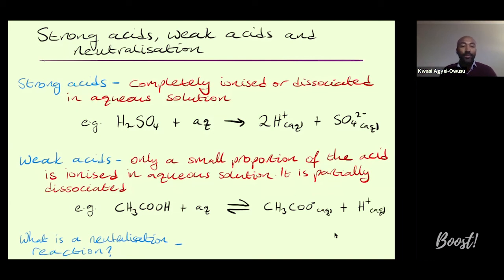Okay, so the difference between the strong acid and the weak acid is the fact that for your weak acid, you will get partial ionization or partial dissociation, and only a small proportion of your weak acid actually breaks up to give you your H plus ions and the anion associated with that weak acid. So if we highlight this in yellow, and perhaps the reversible arrows here are key, so unlike strong acids where you get complete dissociation, with your weak acid, you've got partial dissociation.